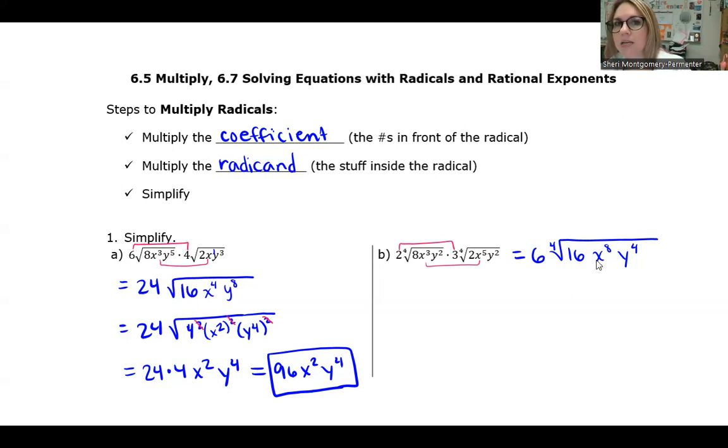We need exponents to match the index. So if the index is 4, we want things to the 4th power. And you're right. The y will cancel because it's already the 4th power. That's nice. So let's go through. I'm not doing anything with the 6 out front. And that index, the little number out front, it's not optional. It has to be written there every single time.